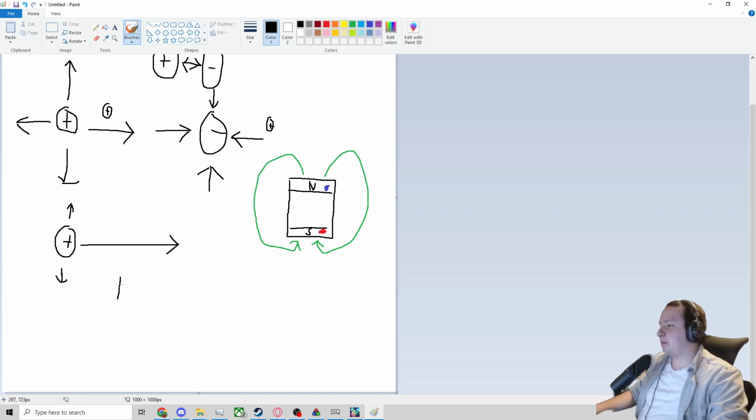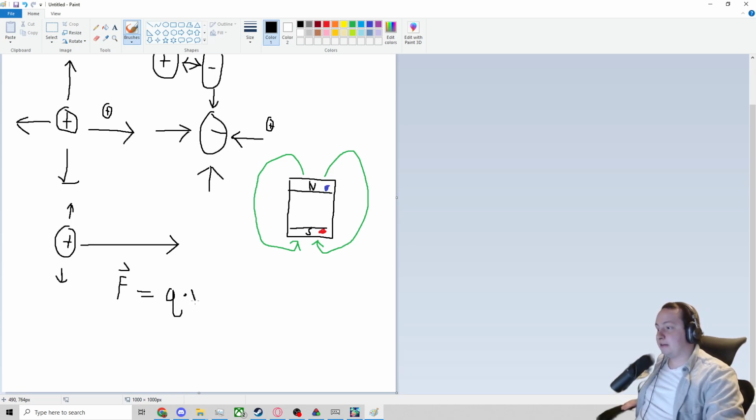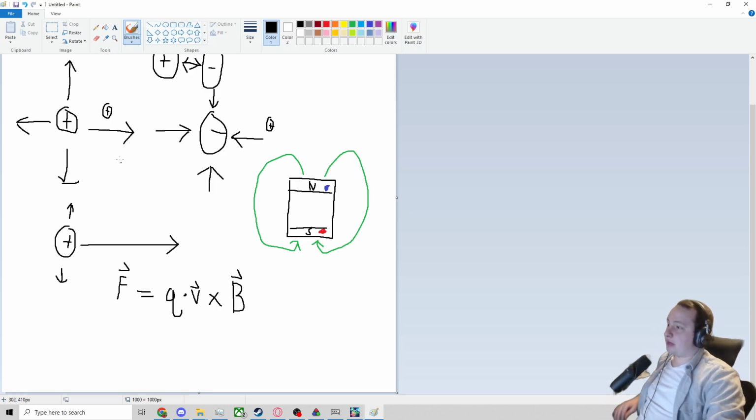If we want to know what the magnetic force is, that is the charge of the particle, which we call Q, times the velocity of the particle, V, and then we multiply that by the magnetic field. So this tells us, for example, what force this positive charge feels right up here.